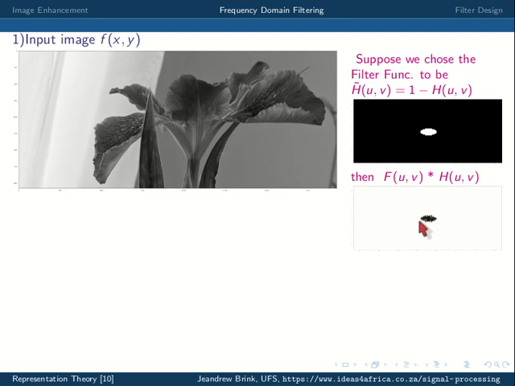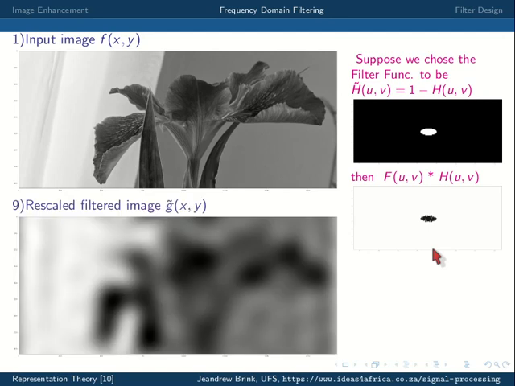And if we reconstruct this, remember, we first shift, FFT it, then we take the complex transform, then do the two-dimensional inverse Fourier transform, then take the absolute value, and then rescale it between 0 and 1, say. If we do that, this is the image we get.